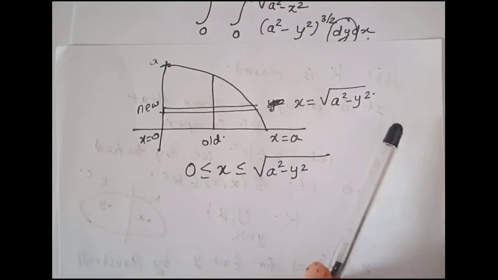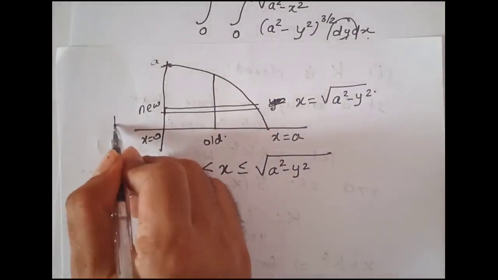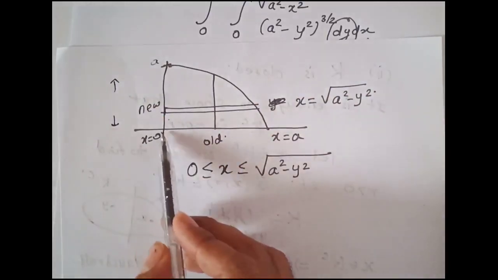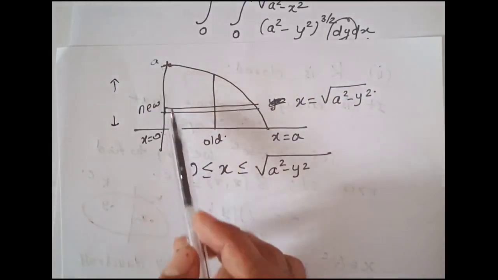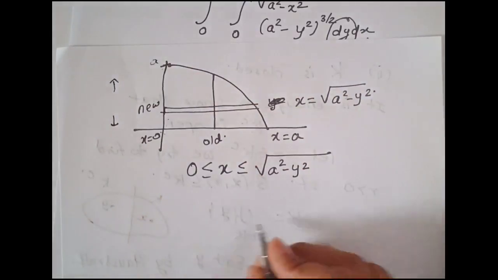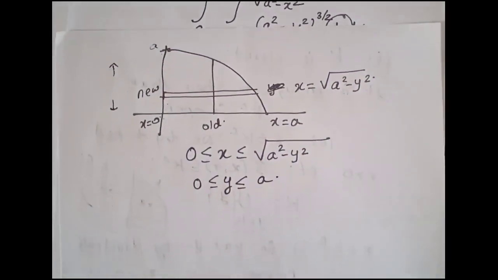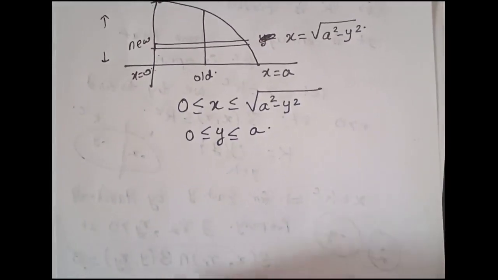Alright, and this strip will move up and down. That means on the y axis it will vary from 0 to a. We can see that. So our y limit will be from 0 to a. Clear?